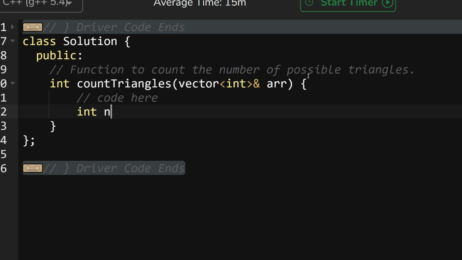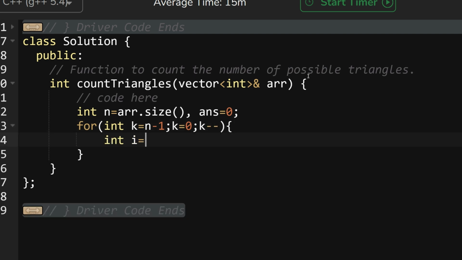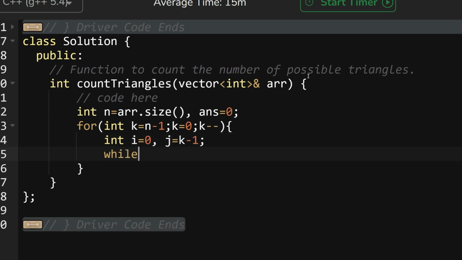So, int n equals to array dot size first of all, right? And answer equals to 0. Now, for int k going from n minus 1, k greater than equals to 0, and k minus minus, right? Int i will be starting from 0 and j will be starting from k minus 1, while i is less than j.